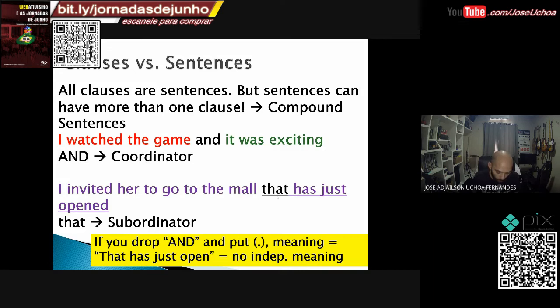E uma das coisas que vocês já devem ter reparado na língua inglesa é que não existe a figura do sujeito elíptico, ou oculto. Quando a gente diz it's raining, fica claro o que é esse it? What is it? The rain is raining. The weather is raining. A gente não sabe ao certo traduzir dessa maneira, né?